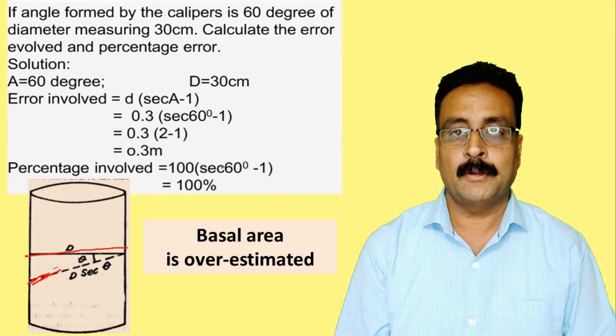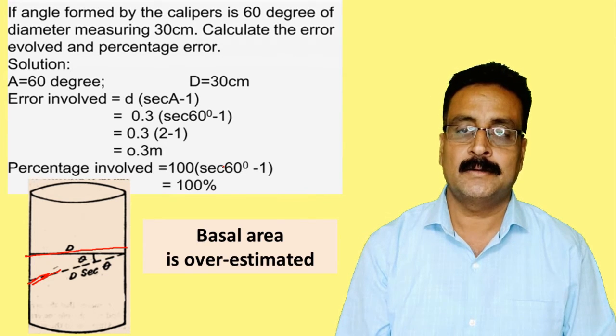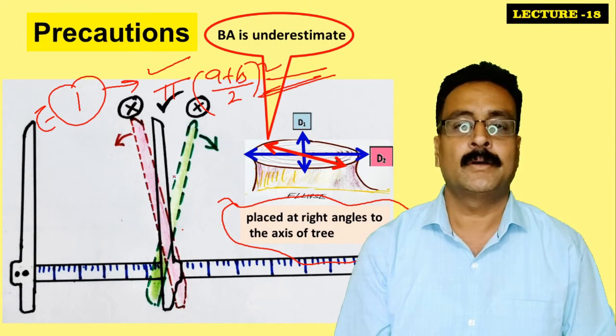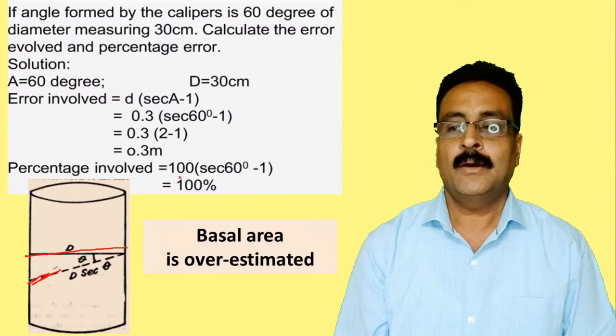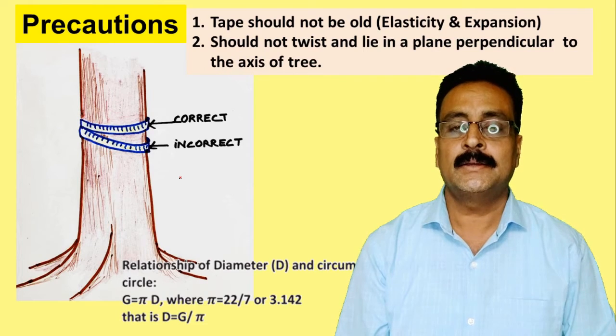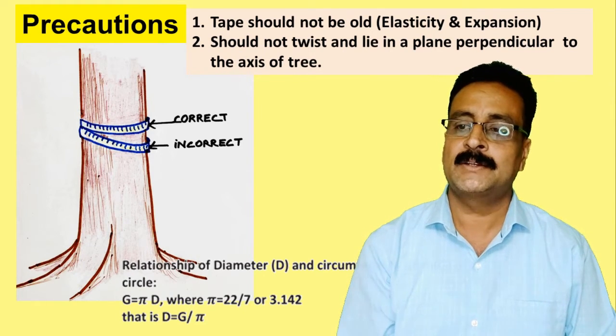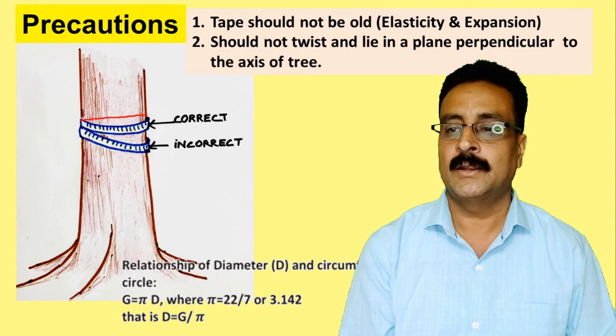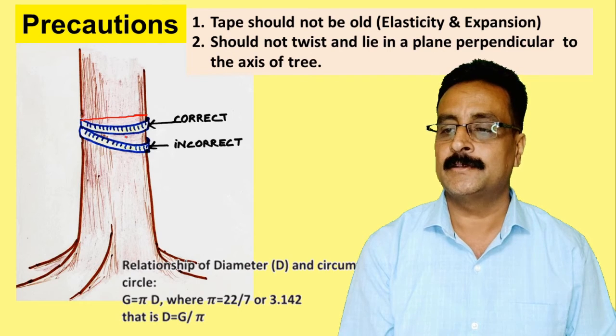So if we are not able to avoid these personal errors, then we can go for the formula of ellipse 1. That's why girth is more handy, and a bit more error is there with ellipse 1, but still we can consider it if we are placing the tape perpendicular while taking the girth, not like this, which is an incorrect method.